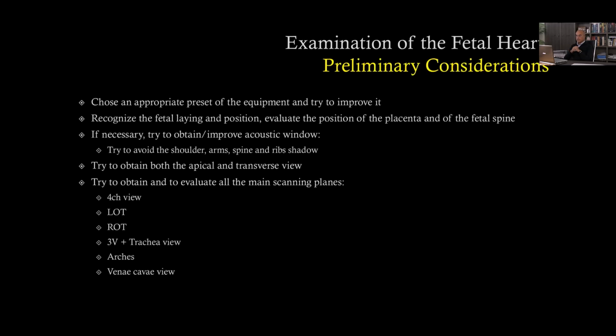I will show you the reason why I am underlining this aspect. And try to obtain as much as possible the main scanning planes that you are seeing here: the four-chamber view, left and right outflow tract, the three-vessel and trachea view, the arches, aortic and ductal arch, and the vena cava view.